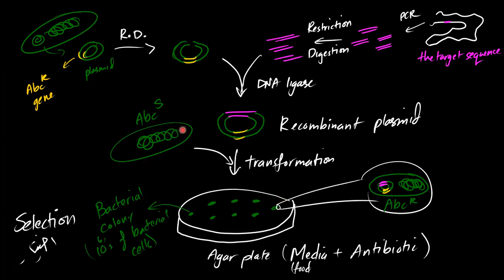Any bacteria that did not take the plasmid will not be able to grow, and will die. So only the bacteria that have my plasmid will be able to resist the antibiotic, survive, and divide to form bacterial colonies. Okay?